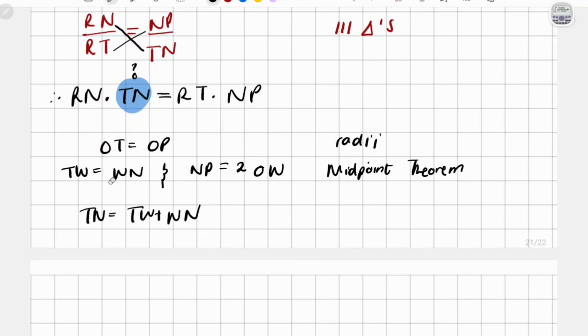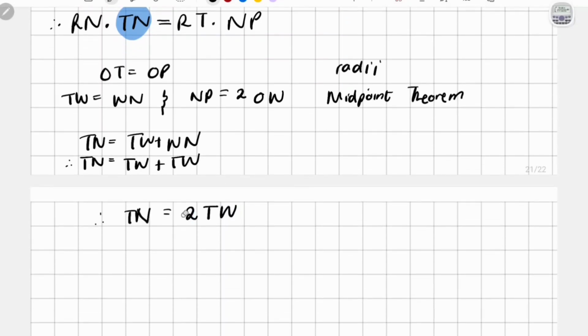We also know they're equal, so TN is equal to TW plus, in place of WN, because I know these two are equal, I'm going to call that TW, plus TW. And that would mean that TN is 2 times TW. It's just algebra, we're just adding those two, so it's 2TW.